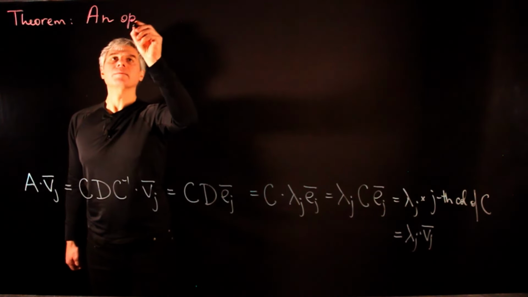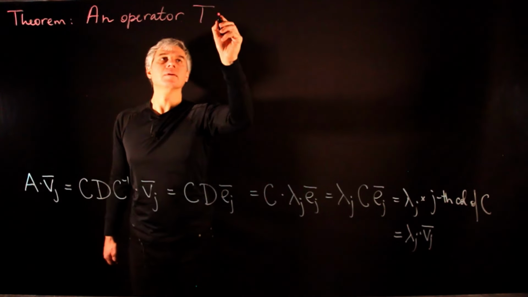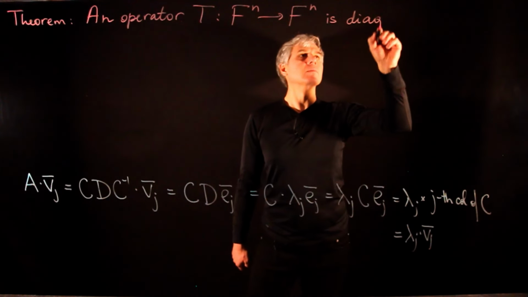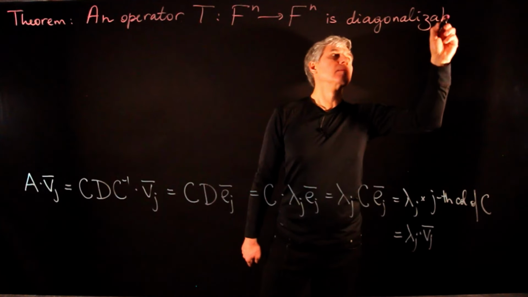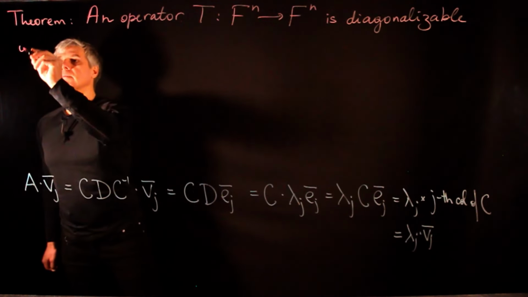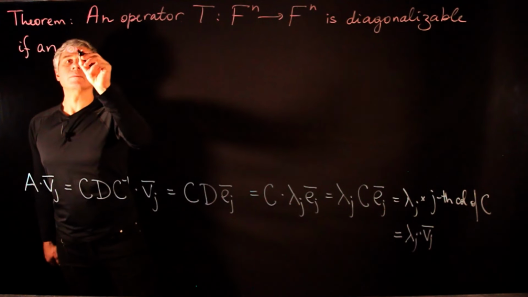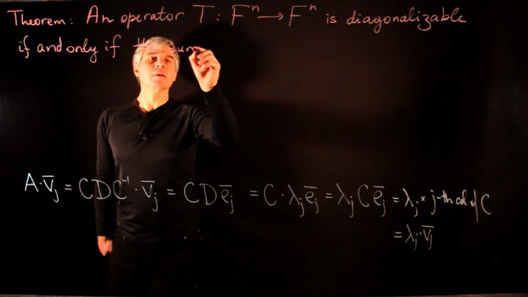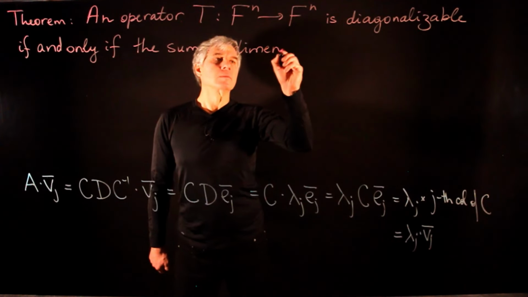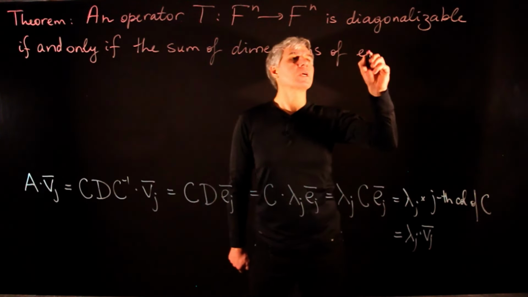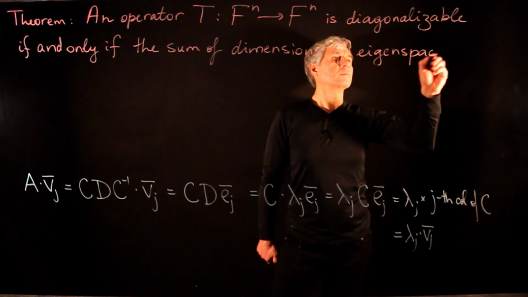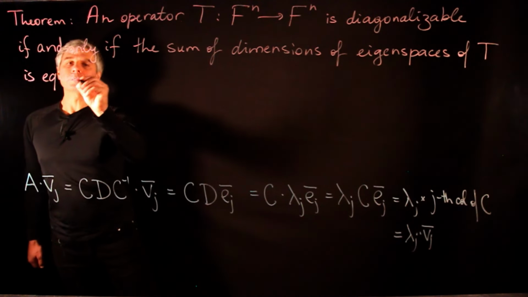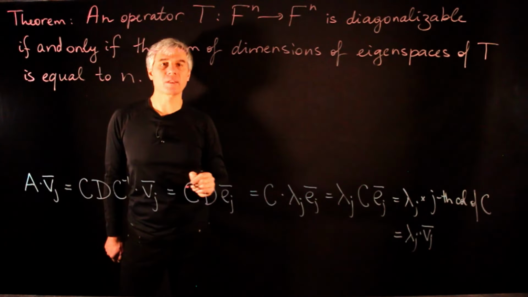An operator T from Fn to Fn is diagonalizable if and only if the sum of dimensions of eigenspaces of T is equal to n, the dimension of the vector space.